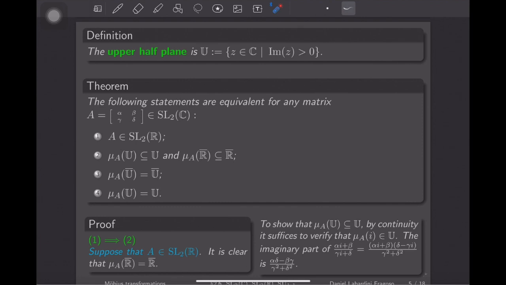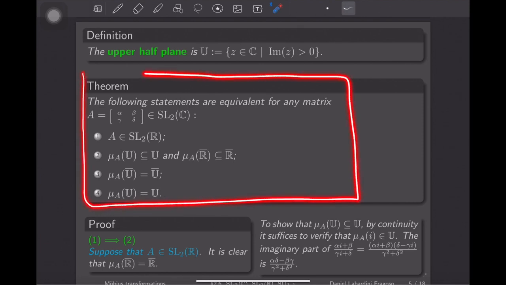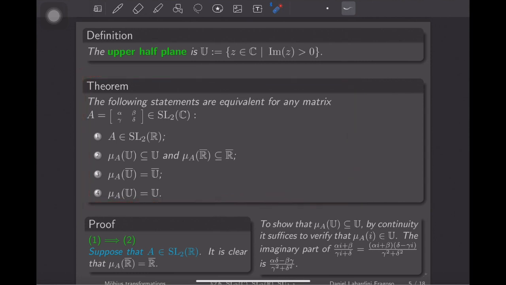And so in this theorem, we characterize those complex 2 by 2 matrices of determinant 1 that leave the upper half plane bijectively invariant as follows. So these are precisely the 2 by 2 real matrices of determinant 1.